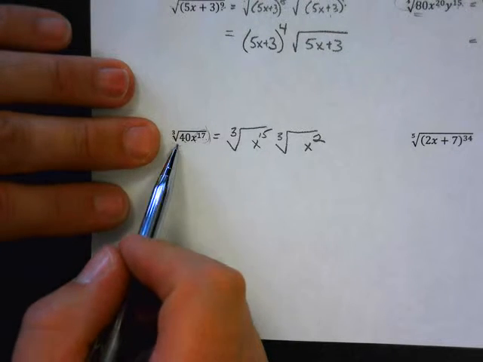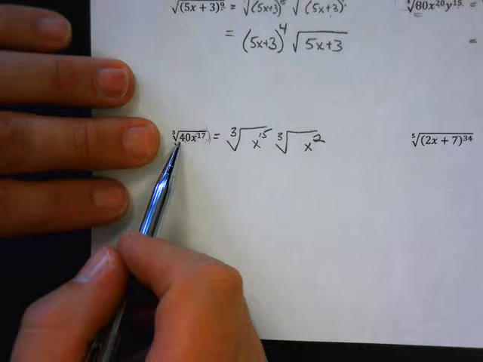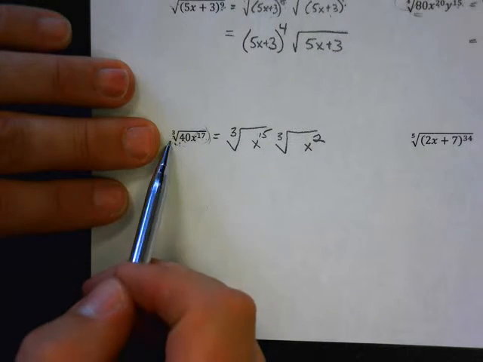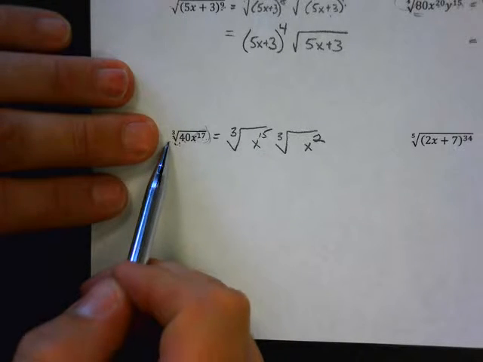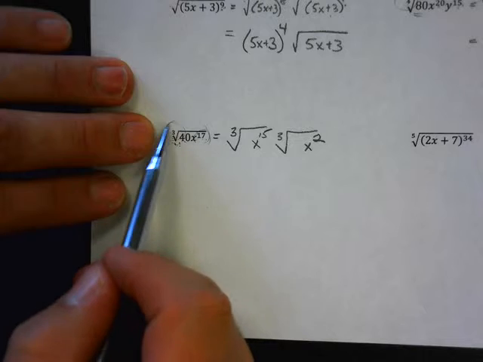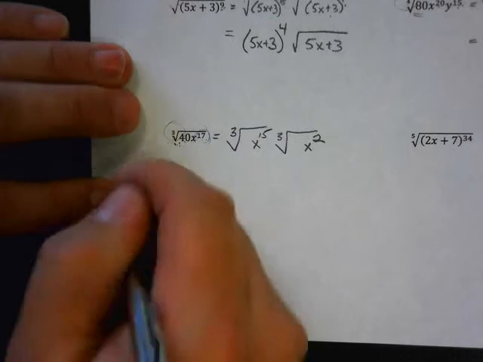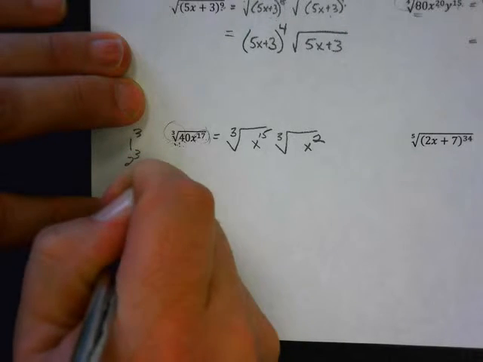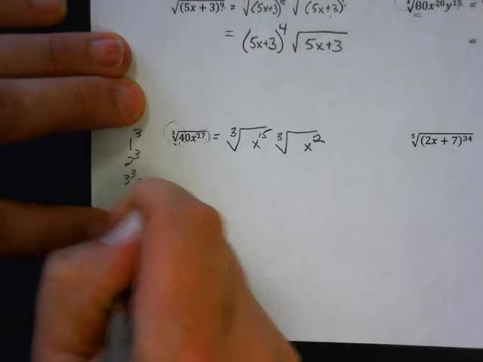How about 40? Is 27 a multiple of 40? No. So 27 is 3 cubed. How about 2 cubed? What's 2 cubed? 2 cubed is 8. I don't want to use 4 and 10 because I'm looking for cubes. So if we start out 1 cubed, 2 cubed, 3 cubed, 4 cubed.